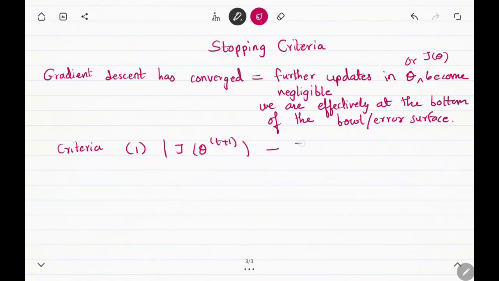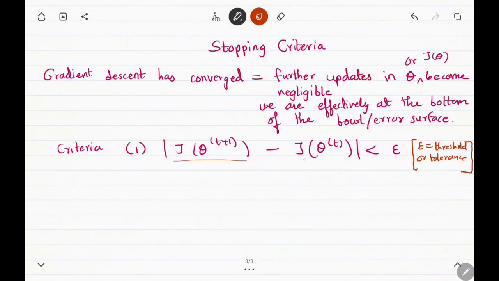The cost function is denoted by J. So |J(θ_{t+1}) − J(θ_t)|, the absolute difference between the value of J at iteration t+1 and at iteration t, is less than epsilon. There is not much change in the cost.